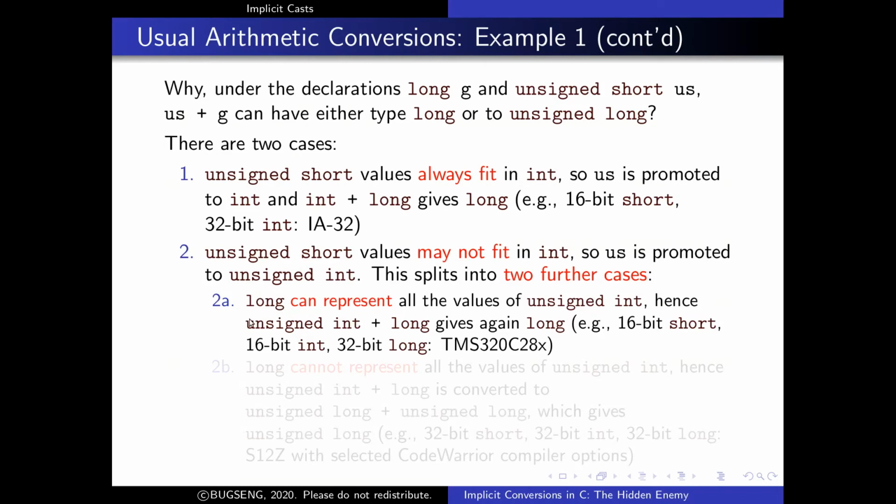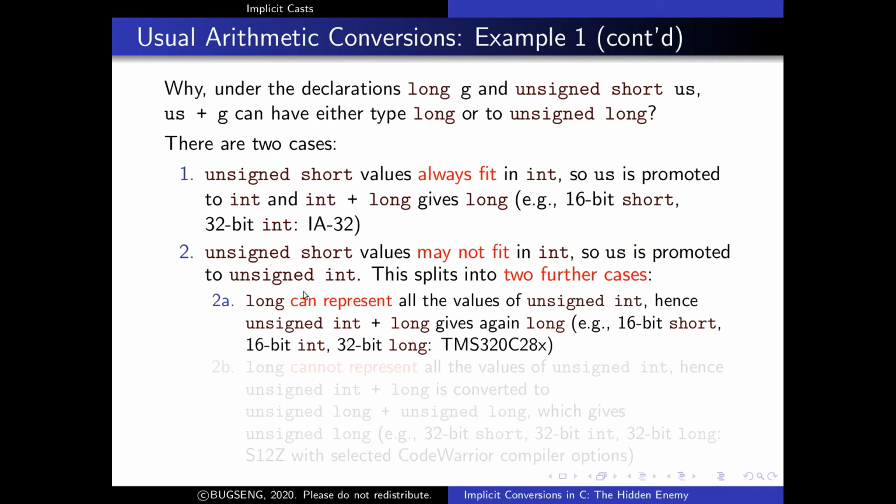So we have unsigned int plus long, and by one of the rules we have seen, since long can represent all of the values of unsigned int, this will give long. So unsigned int will be converted to long. We will have long plus long, and the result is long. An example of architecture is a C2000 that has 16-bit shorts and ints. They are both 16 bits, and long type has 32 bits.